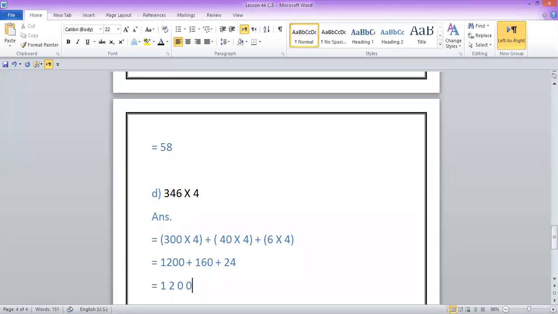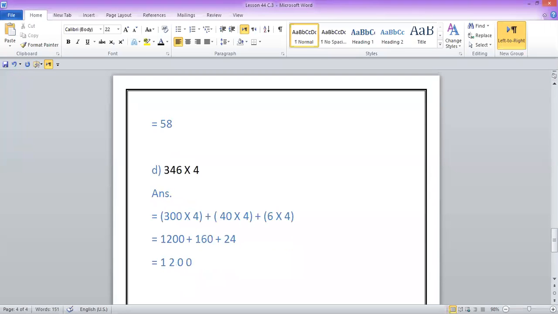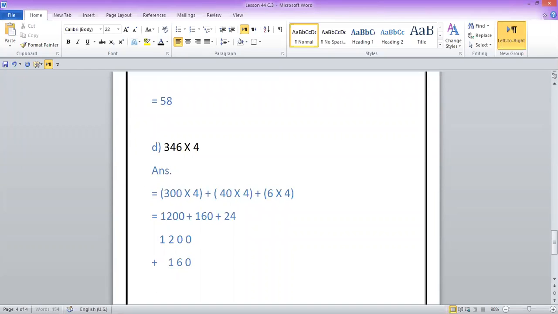Now what we need to do, we have to add this: 1200 plus 160 plus 24. And then you have to write the answer.